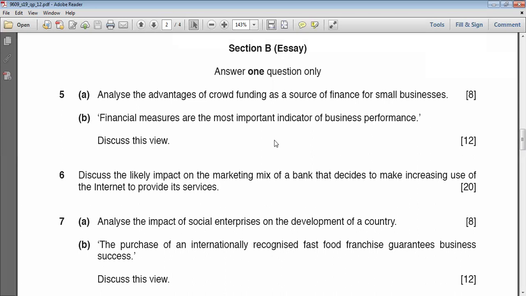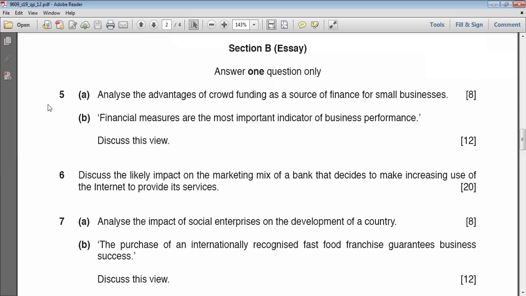Based on the analysis points that you have presented, you need to really make a judgment based on argumentations, to re-emphasize and assure that this is the best view or the best decision for the business. So that's the difference between 8 marks and 12 marks.